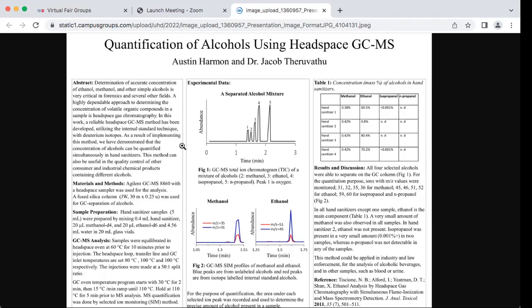Pictures. This is the only photo I currently have right now. I did not take any pictures of the experiment. The only thing we did was export these two chromatograms, and these were created in Excel.